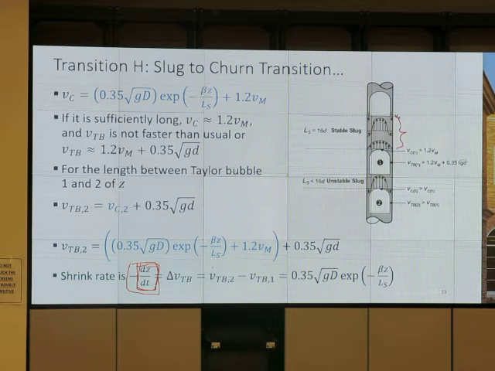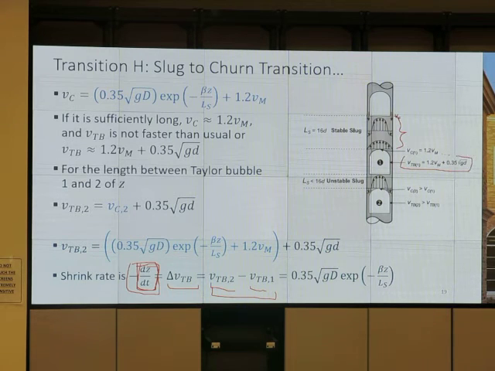And look at the right hand side. Left hand side is positive and now right hand side is positive because VTB2 is more than VTB1. That's why it shrinks, right? Make sense? So it's delta VTB. We do the math. We have VTB2, we have VTB1.